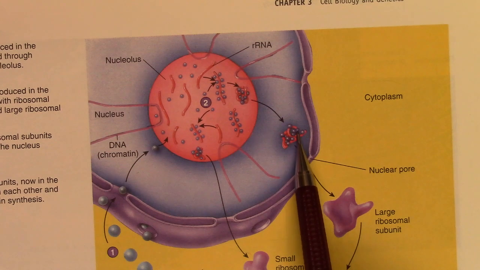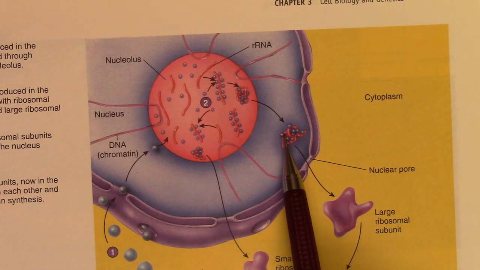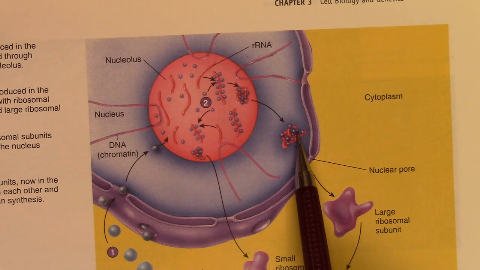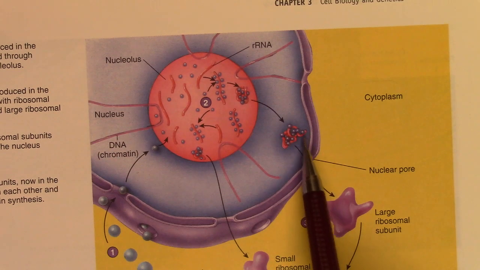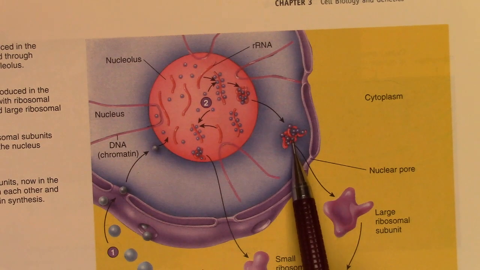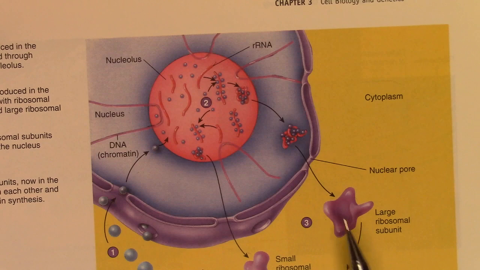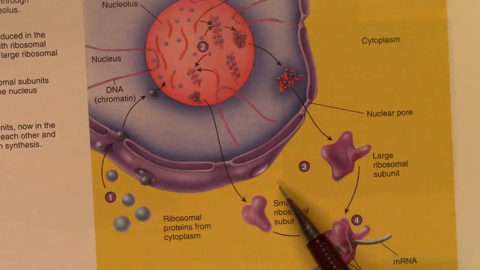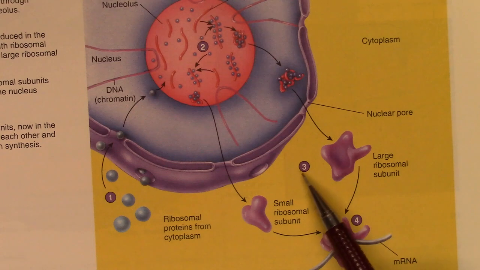This is the RNA in red, and the little ribosomal proteins, the little blue dots, and those get moved out, and that's what this is. So each subunit, the large subunit and the small subunit, are made of RNA and protein. Okay, so now we know what the ribosomal subunits are made up of.